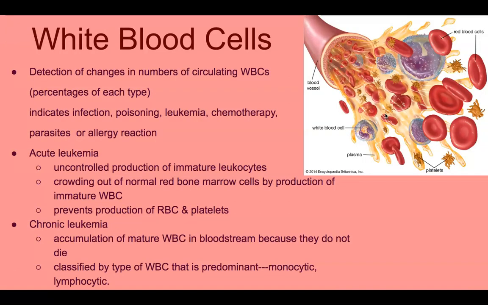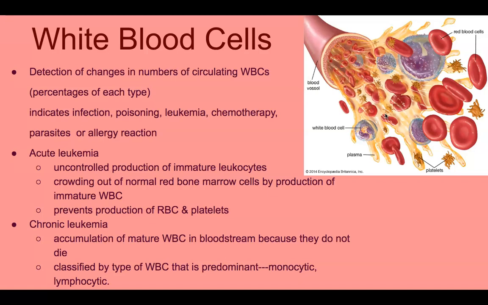Changes in the number of circulating WBC can indicate infection, poisoning, leukemia, chemotherapy, parasites, or allergic reactions. There are two main types of leukemia. Acute leukemia is the uncontrolled production of immature leukocytes, crowding out normal cells and preventing production of RBC and platelets.